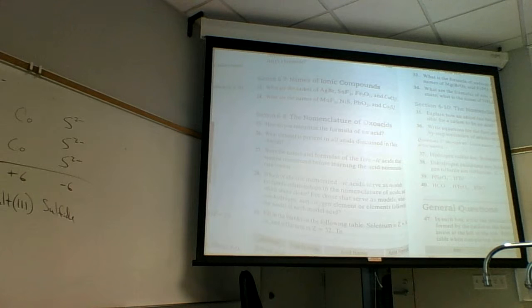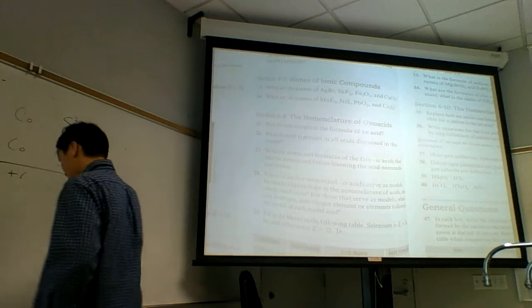Basically it's going to go like this. To figure out the acid name, for example, if it ends in -ide, what we do is we add the hydro prefix and the -ic acid suffix. So let me give you an example here.